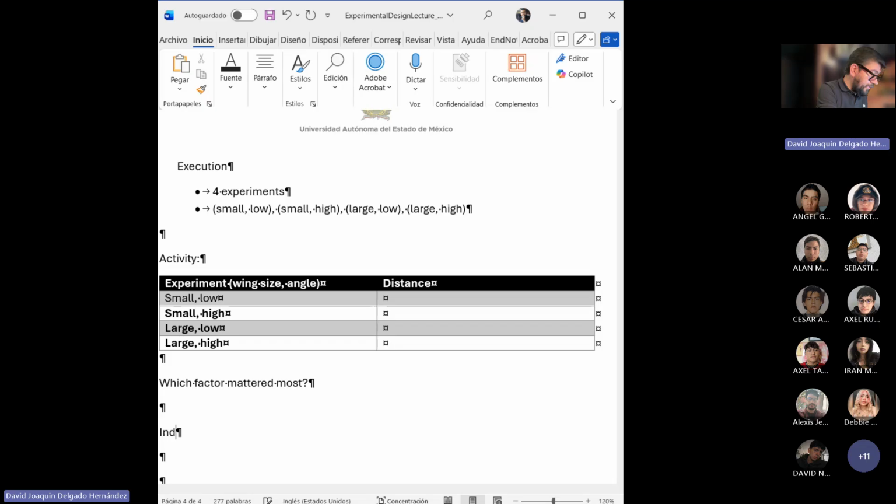So individually first, you are going to have 10 minutes. So if you are at home, use 4 different pieces of bond paper in order to manufacture these four airplanes and throw them. But make sure that you throw them from a very similar point in order to record the distance. And you are going to put these distances in this table, okay?